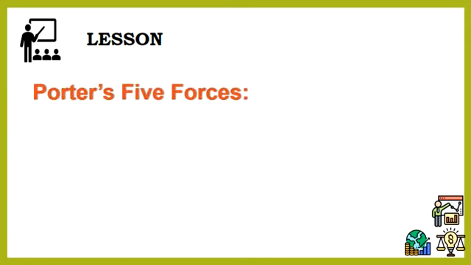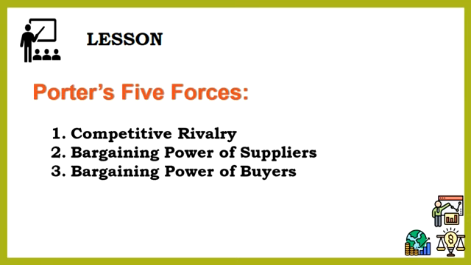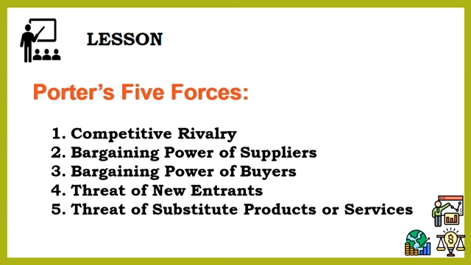So we will discuss the Porter's 5 forces, which are the competitive rivalry, bargaining power of suppliers, bargaining power of buyers, threat of new entrants, and lastly, the threat of substitute products or services.